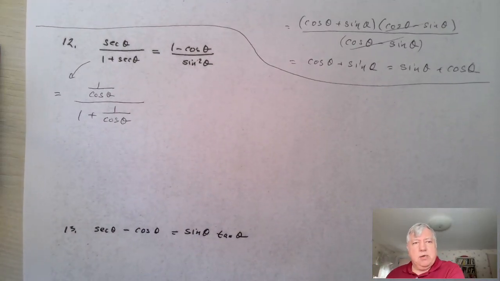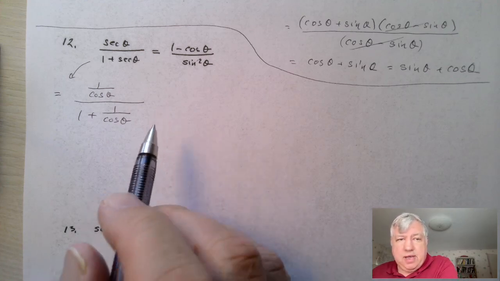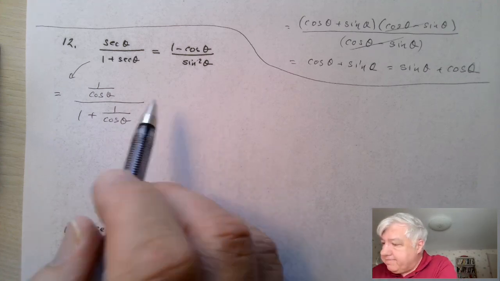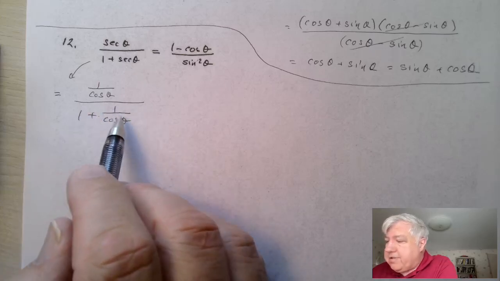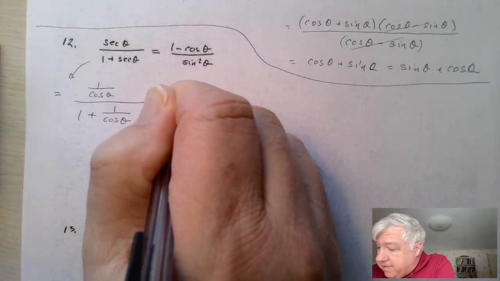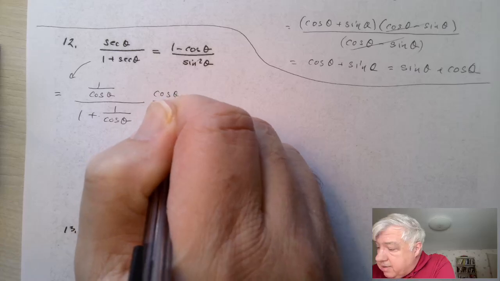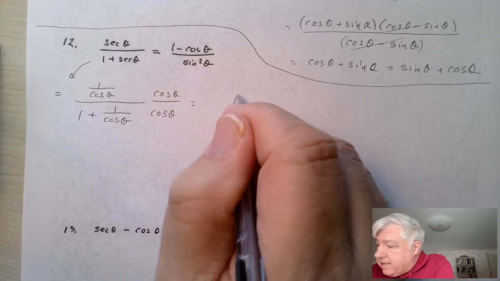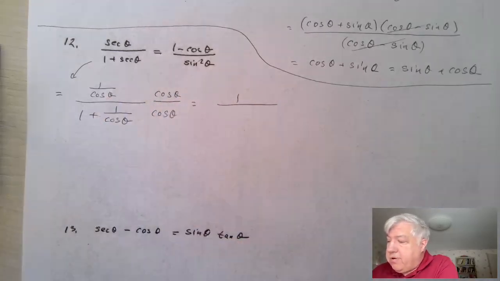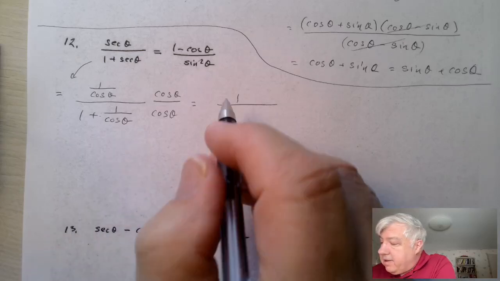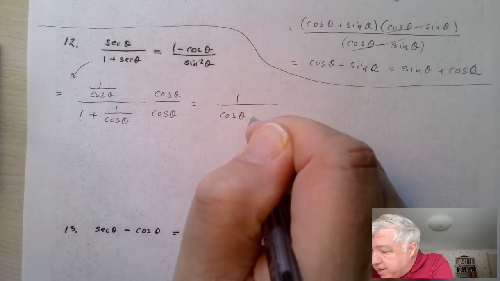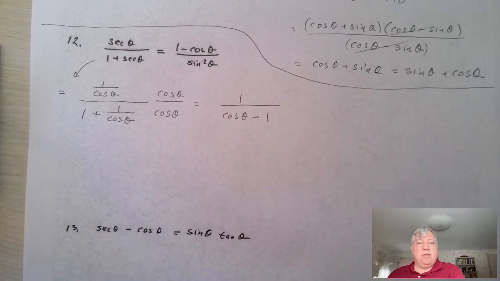The best thing we can do right now is maybe to clear this out, multiply and divide by cosine of theta. Because if we do, then we just get a nice 1 in the numerator, and then this will be cosine theta minus 1 in the denominator.